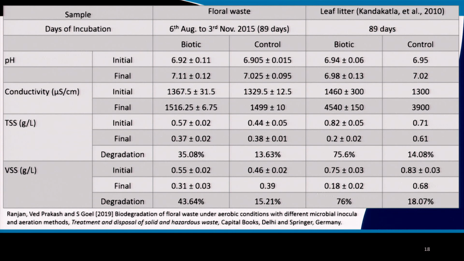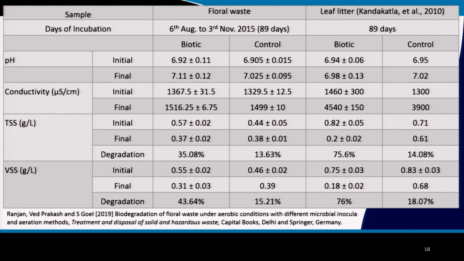If you remember our key equation of glucose plus oxygen going to CO2 and water, here we have organic matter plus oxygen going to CO2 and water. So any loss in VSS is basically attributed to mineralization of the carbon. We got 43.6% loss of organic matter in floral waste as compared to 76% in leaf litter.